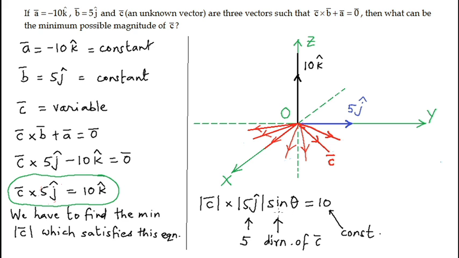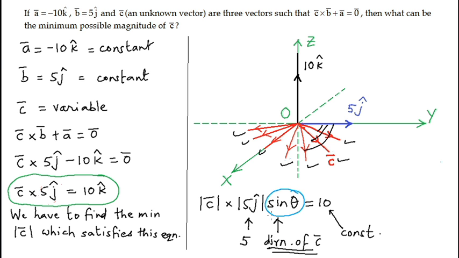Consider what happens when we change the direction of c bar. Look at all of these possible directions. As you go on changing the direction of c bar, clearly the angle theta goes on changing, and hence sine of theta changes.